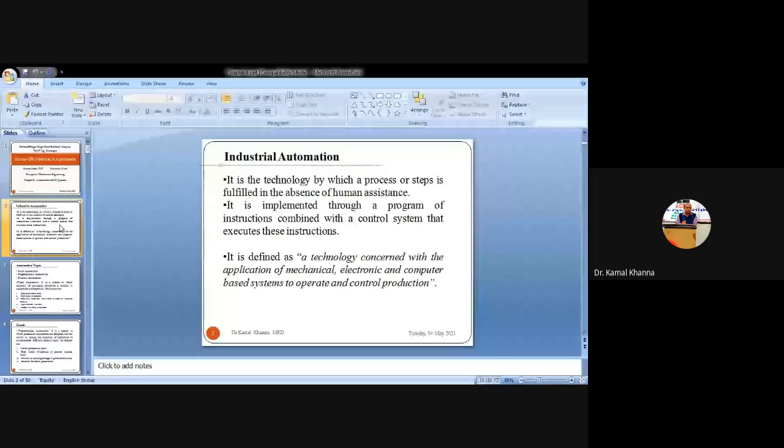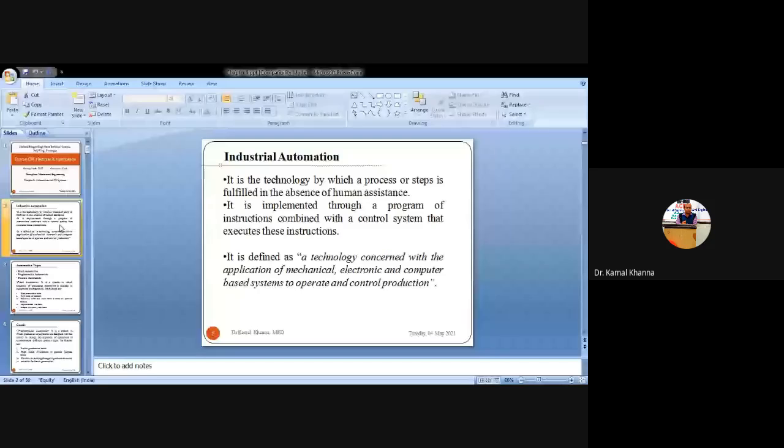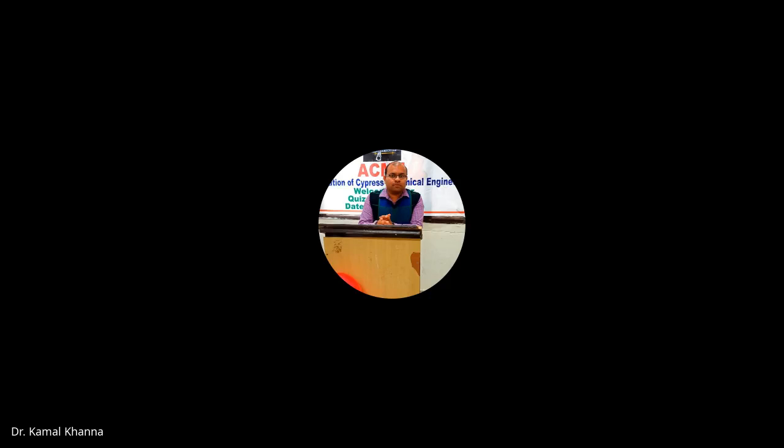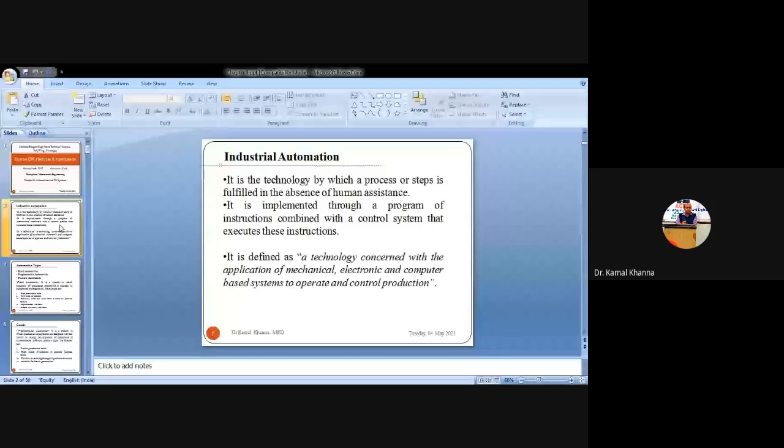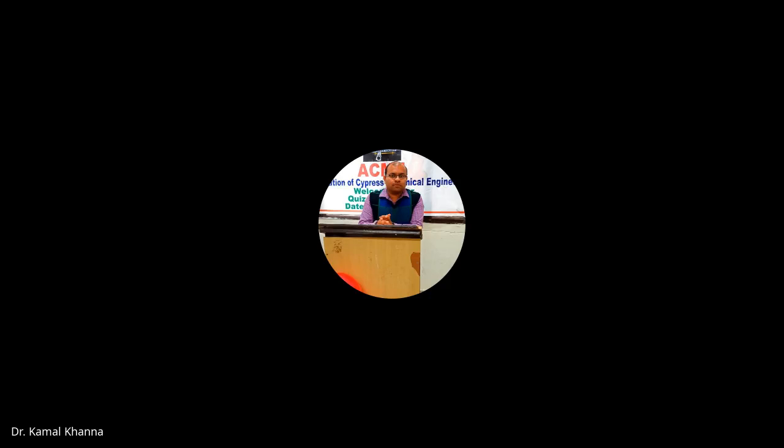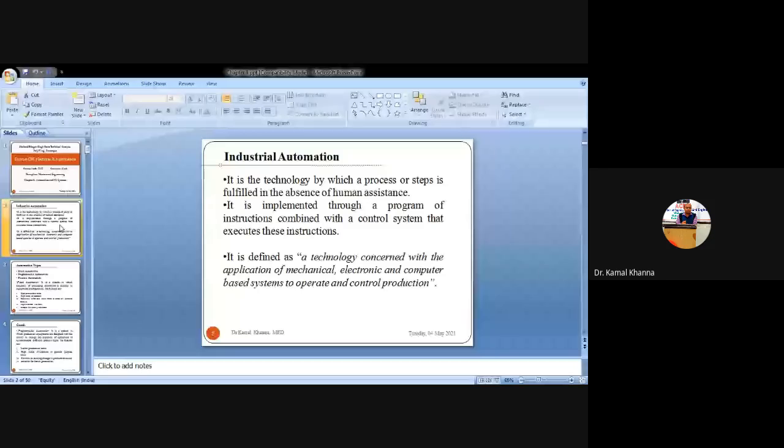Why are we removing the human assistance? Because due to human assistance, errors may occur while performing any kind of operation. But if you have entered the correct set of program instructions, then that set will execute exactly on the specimen and perform that particular operation by the tool.